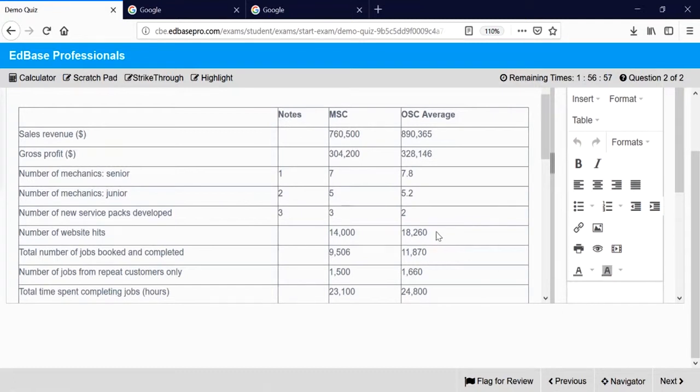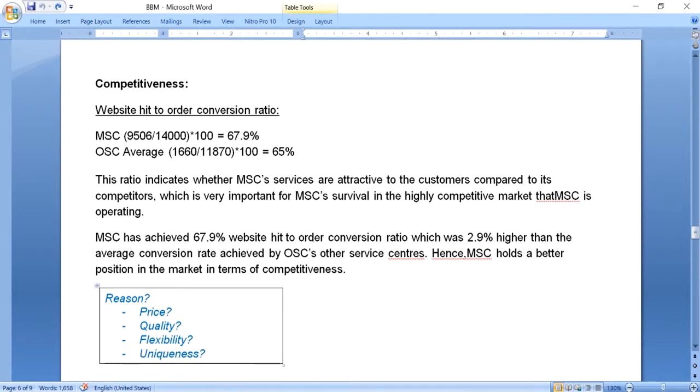So website hit to job completion ratio or job conversion ratio can be a perfect measure for competitiveness. Why? Because when the customers are visiting my website, if they see my price or my quality or my service competitive, that means they will place the order. So website hit to order conversion ratio can be a very good measurement for competitiveness.